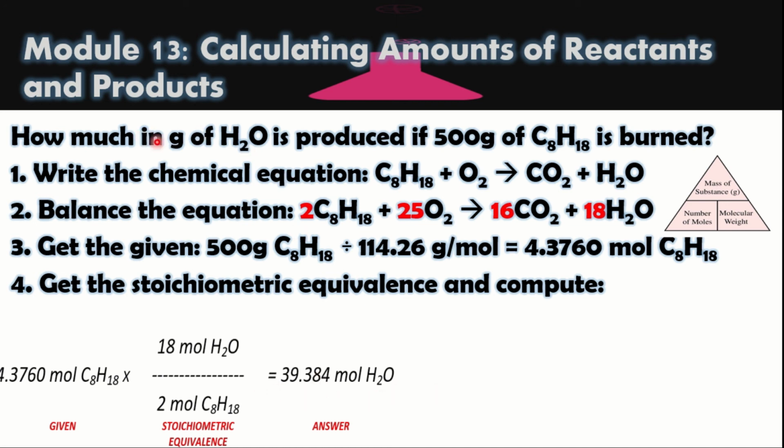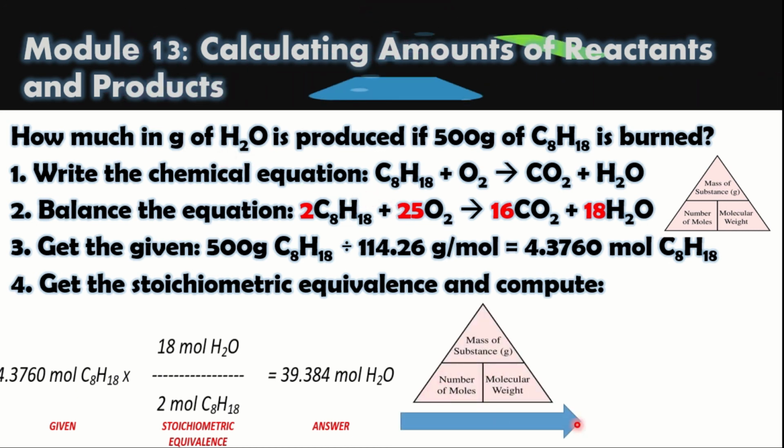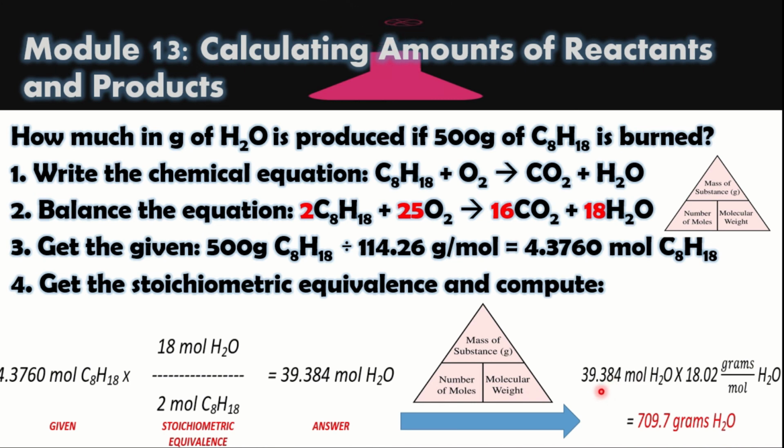What we are looking for is grams of water. So we have to make use of our formula again. What we are looking for is the mass of substance in grams. The number of moles and molecular weight are side by side, so we multiply the number of moles with the molecular weight of water. 39.384 moles of water times 18.02 grams per mole of water.